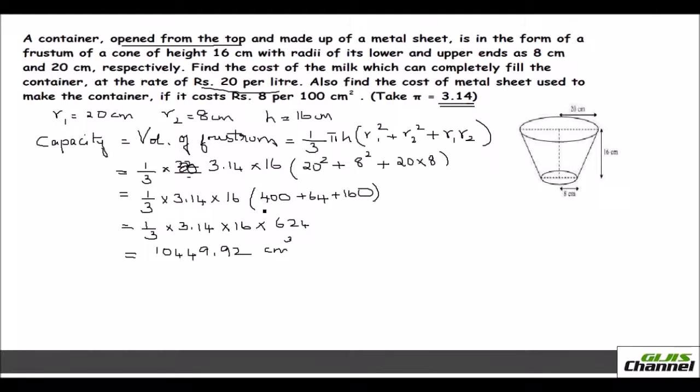So I am just converting this into liters. I have to divide by 1000, so that is equal to 10.449 something 92 liters, or I can just write it as 10.45 liters.